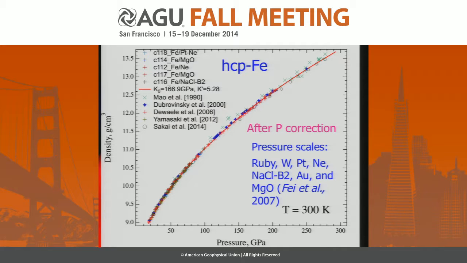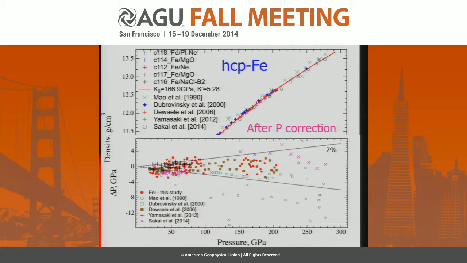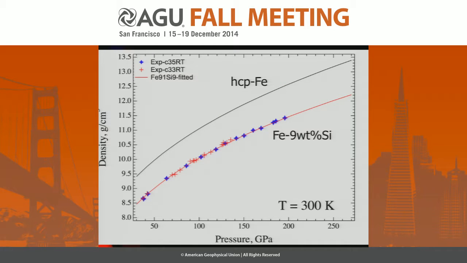This is based on various different pressure scales and is self-consistent, with remarkable agreement across experiments done by different groups and with different pressure standards. The deviation of this new equation of state is within 2%. Except for the early data, which understandably had larger X-ray spots, everything done after 2000 is within 2%. This is as good as the pressure calibration scales, and we have also done some silicon compositions.